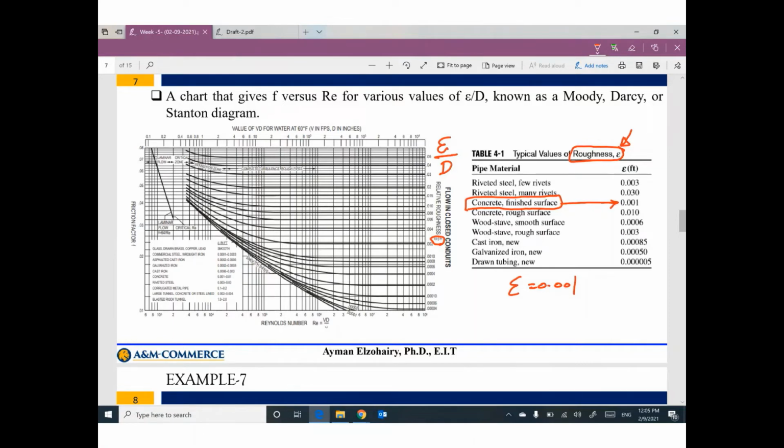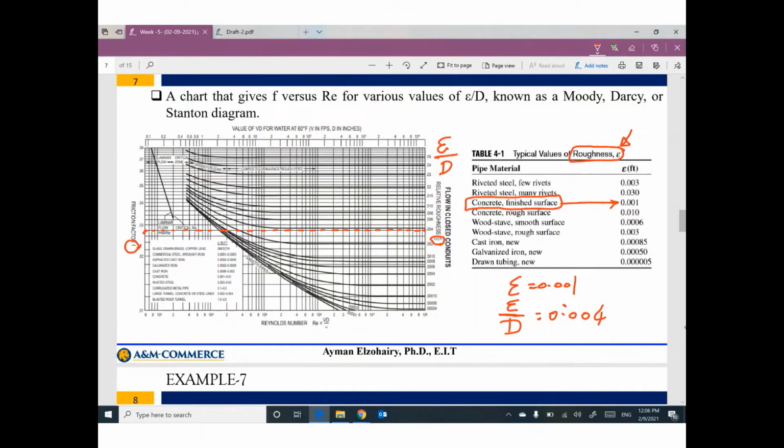Then you need to divide this epsilon, or this roughness, by the diameter of the pipe. So D is the diameter. You will get a value. For example, your value equals 0.004. So I'm going to put here the value 0.004, which is this one. Then you can go to the other side and figure out the value of F.